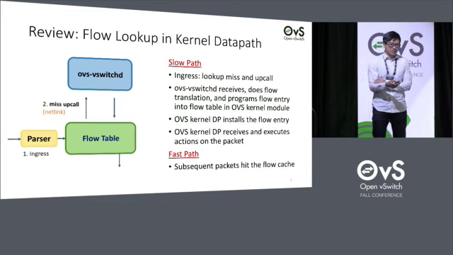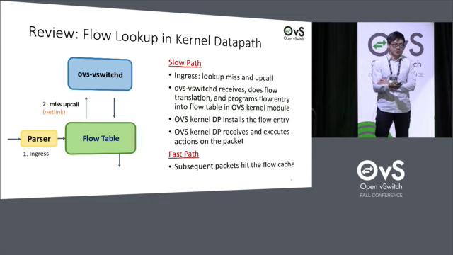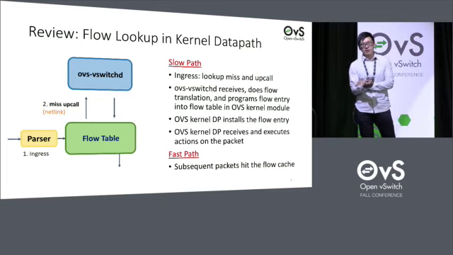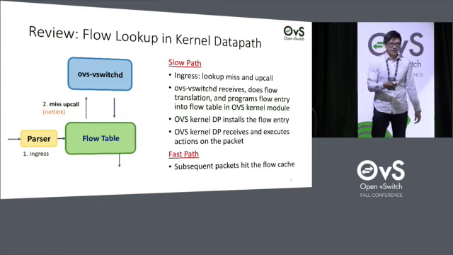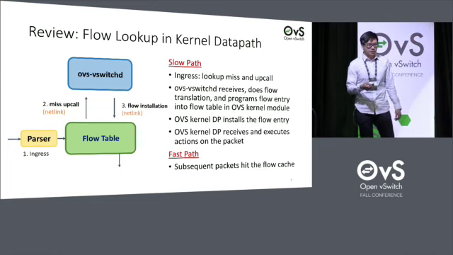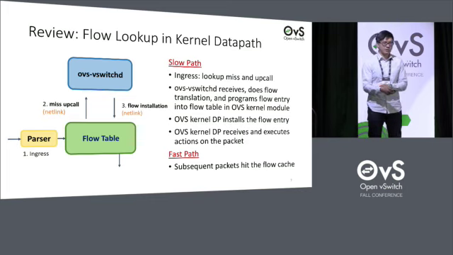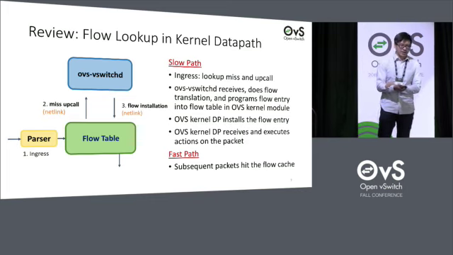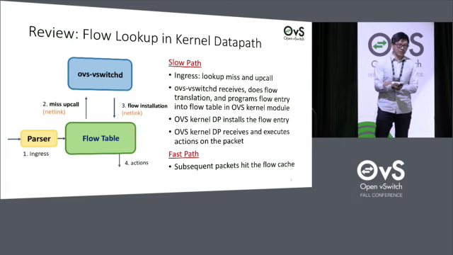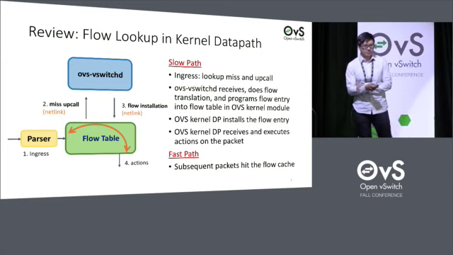So the kernel datapath will do an upcall by sending the flow key to the user space OVS vswitch. Then vswitch will look up the OpenFlow table in user space, figure out the corresponding datapath flow, and install the flow into the flow table in the kernel datapath, along with the actions. And for the following packets, since the datapath flow is already in the flow table, we will just do a fast path lookup in the flow table in the kernel datapath.